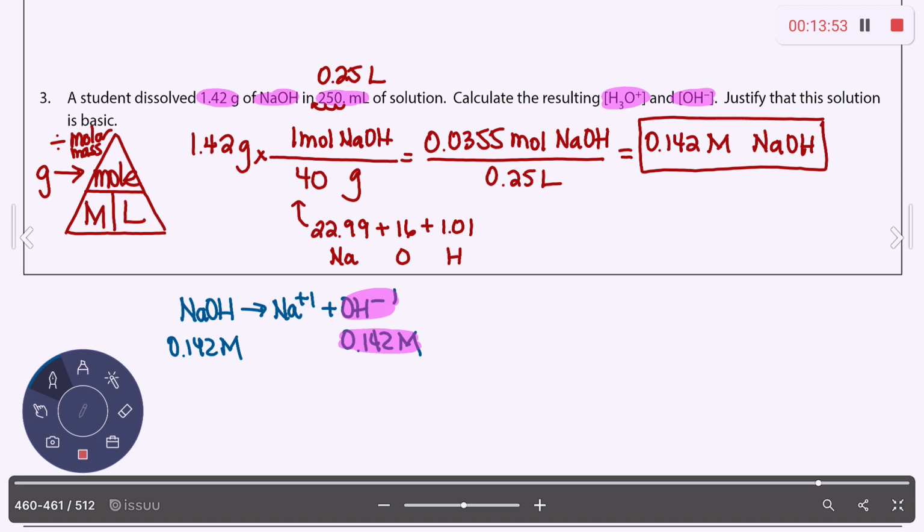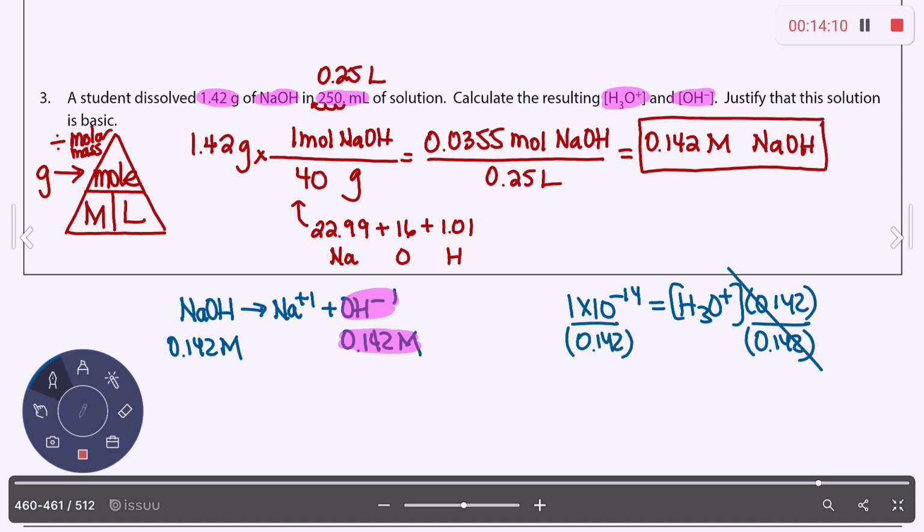Okay, so you're going to take 1 times 10 to the negative 14 equals hydronium ion times 0.142. So you will divide both sides by 0.142. So this cancels.